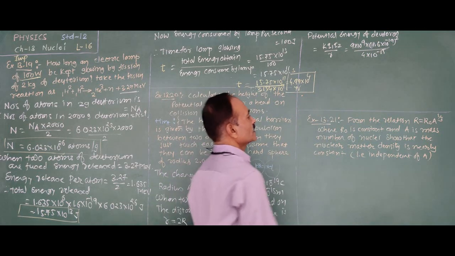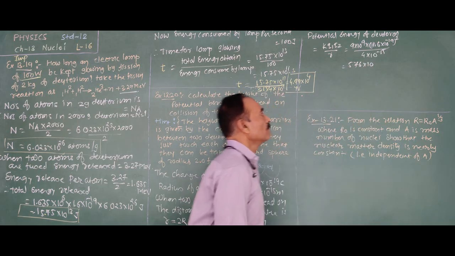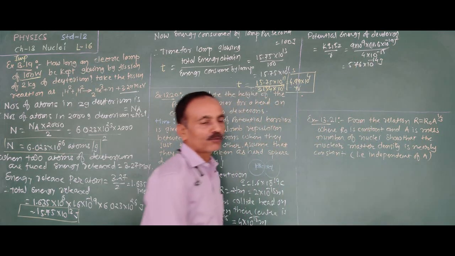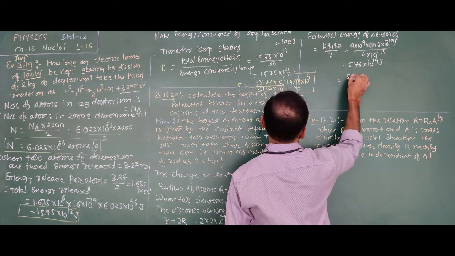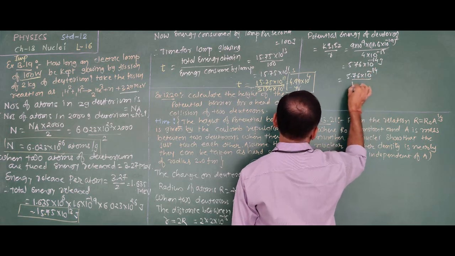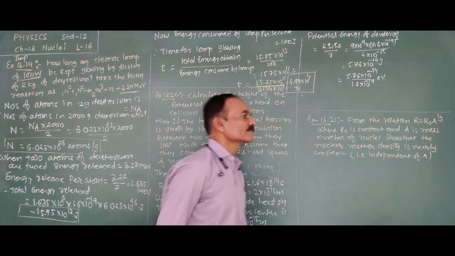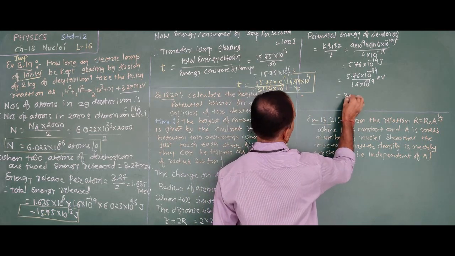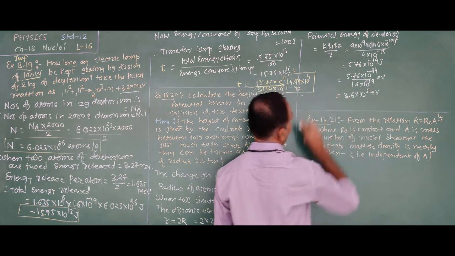So we obtain 5.76 into 10 to the power minus 14 joule. Convert into the electron volt. Therefore, divide by 1.6 into 10 to the power minus 19, that much electron volt. Therefore, 3.6 into 10 to the power 5 electron volt is obtained.